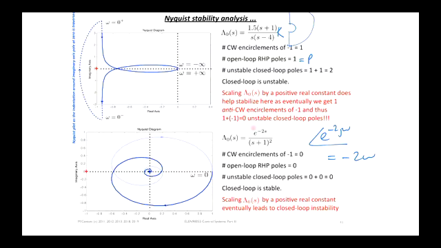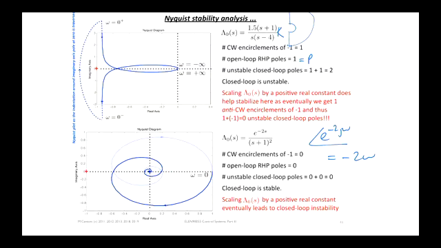Okay, so when you have delay in the transfer function, you end up with many points that cross the real axis. In fact, infinitely many. This is the Nyquist plot you get from this. It goes around like this, and then as you go up the negative imaginary axis, you just get the mirror image of that.